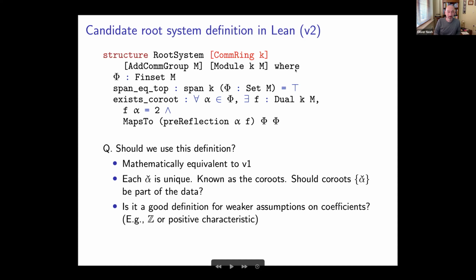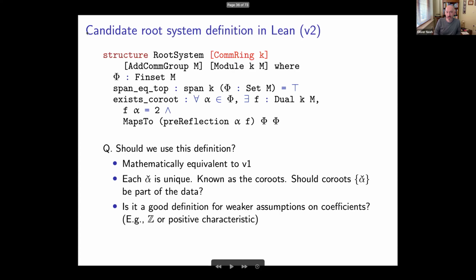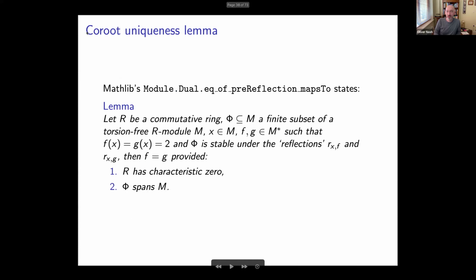So, how do you answer that? Well, you say, okay, let's try to understand the mathematics a little bit more. I've given the precise statement here, but the important property is that, by not including the co-roots, which so far in this definition I haven't, I'm leaning on the fact that the co-roots are unique. But there are some assumptions to get that.